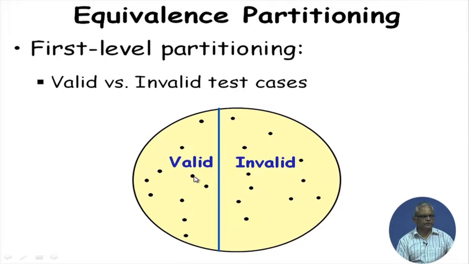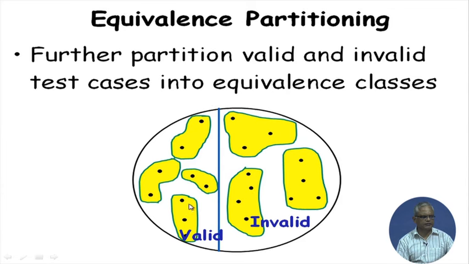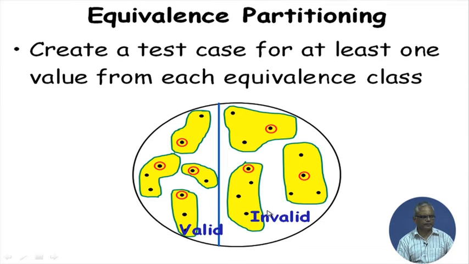For each of these we look for further equivalence classes. Once we have done the equivalence partitioning and found all the valid and all the invalid equivalence classes, we just pick one value from each of them randomly, and this will form our equivalence class test suite.